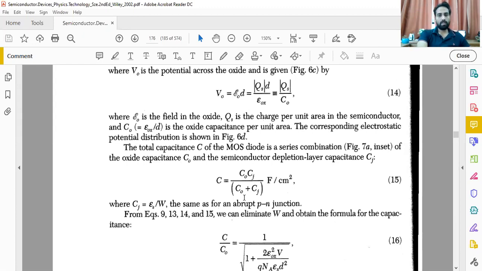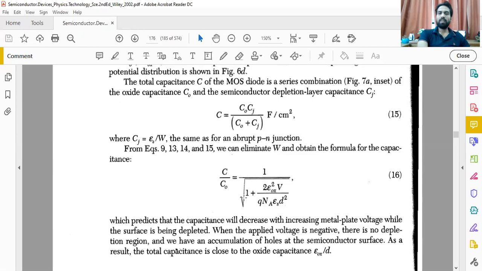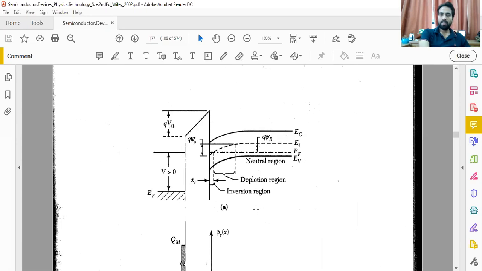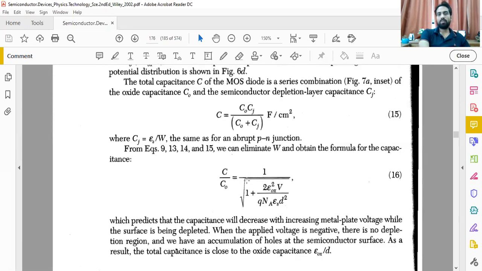So this is the final equation. Simplifying and substituting these values, now we have C by C naught equals 1 upon 1 plus C naught upon Cj. You know that we have already discussed junction capacitance in the diode section; this is the formula related with it. So exactly, if I'm talking about this one, the C upon C naught can be the final equation.